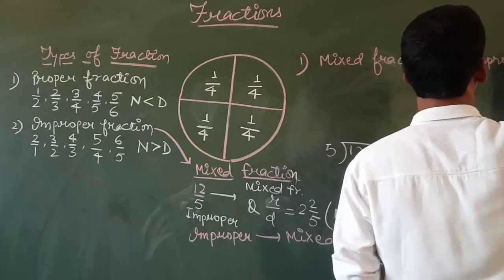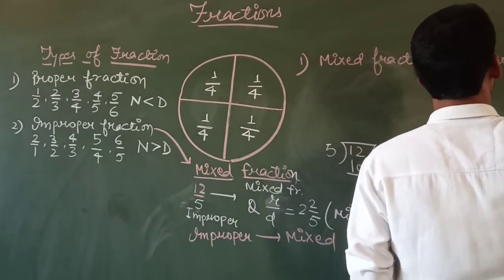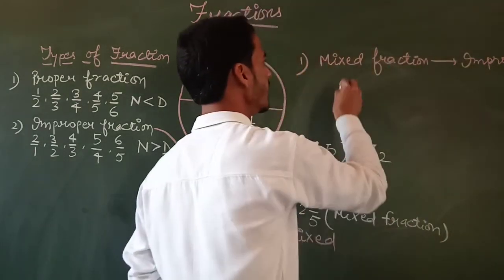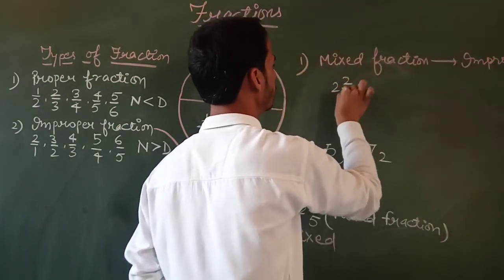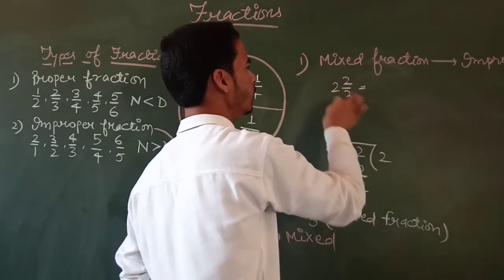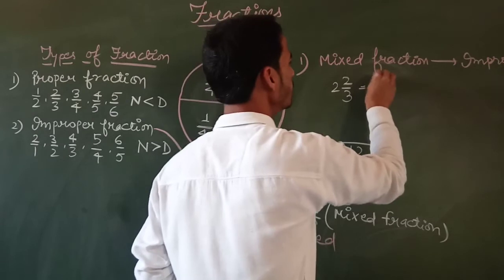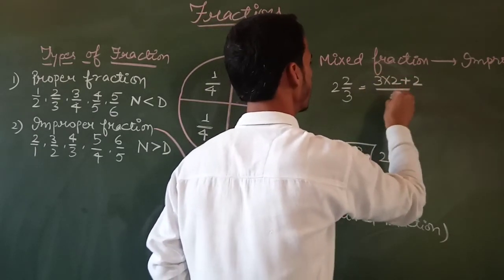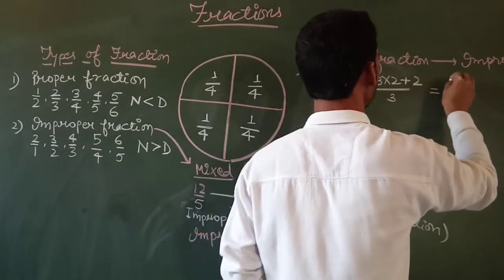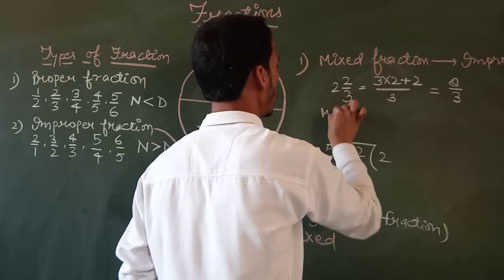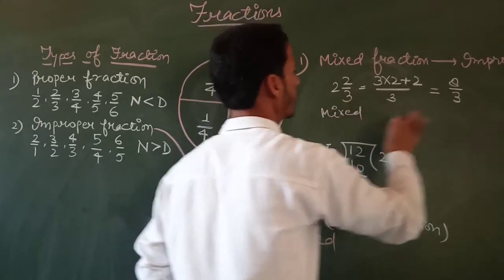Listen here. There is an example, 2 whole 2 by 3. We have to multiply 3 and 2. 3 multiply 2 plus 2, that is 6 and 2, 8 by 3. That is mixed and that is improper.